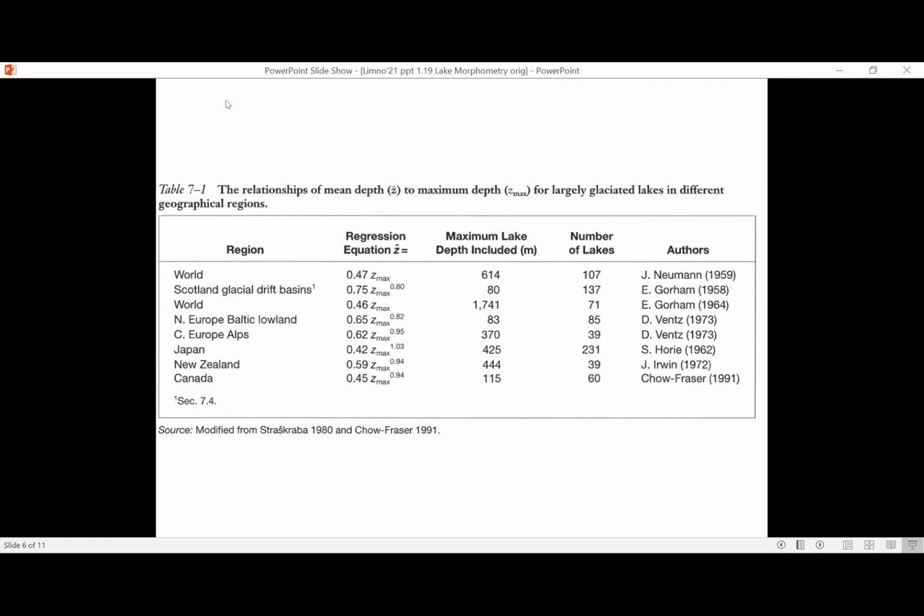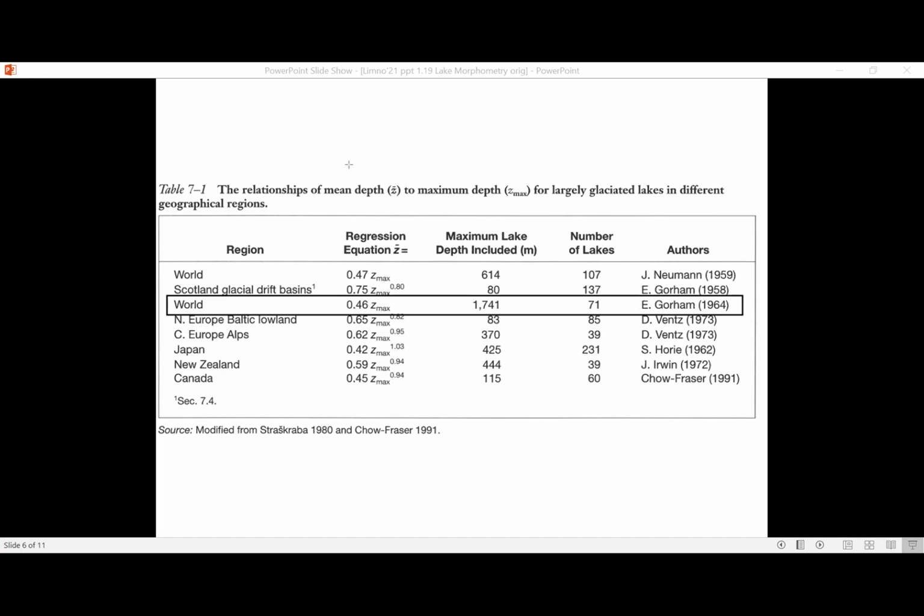Now in this particular example, which maybe I will highlight here, it's a regression line for Z bar, which is Z average or Z mean, whatever, it has different symbols. That's the formula. You can see the slope of the line is a positive number, 0.46, and that it's simply linear. There's no exponents on the Z max.